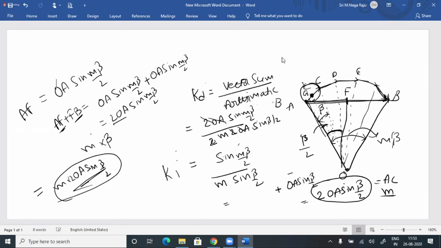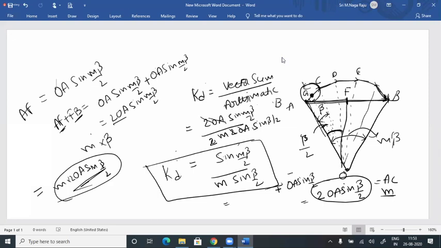This is the formula for KD. Here beta is the slot angle, M is the phase belt, slots per pole per phase. M beta combined is known as phase spread.